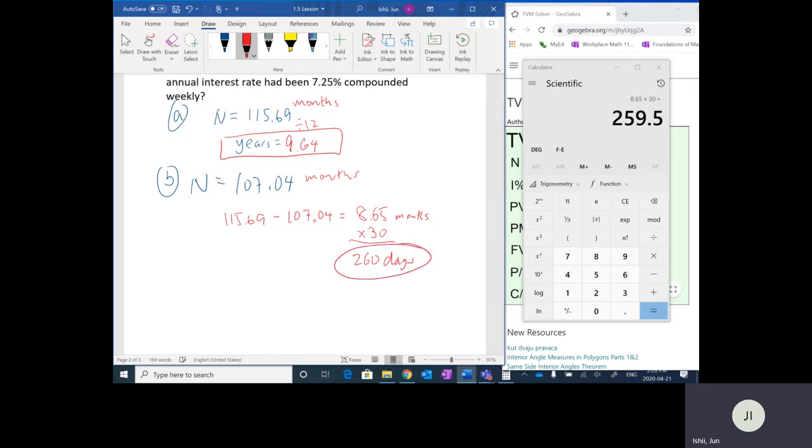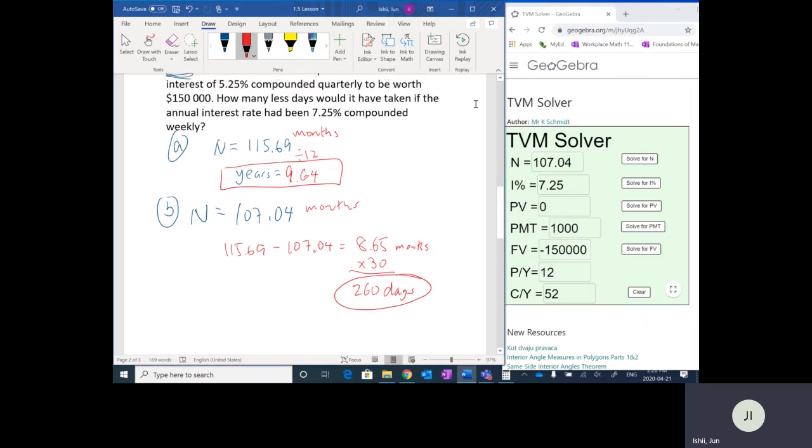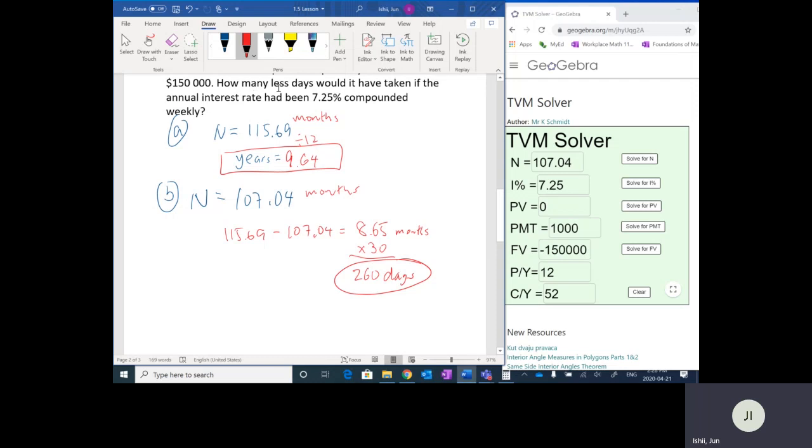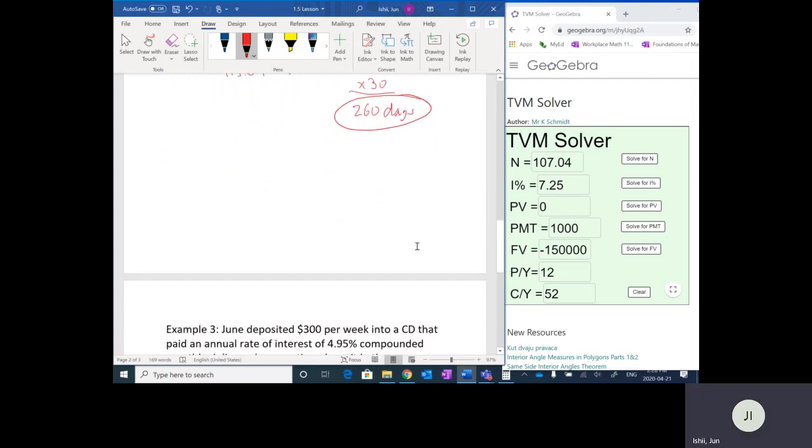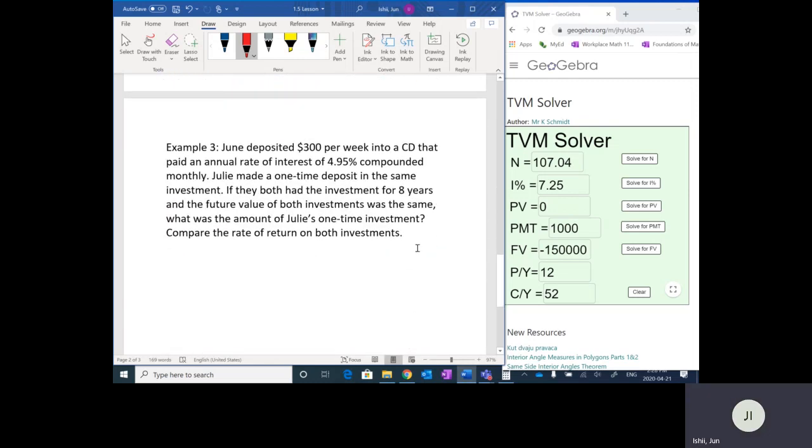Okay. So it'll be 260 days. Yeah, so 260 less days, sorry, not more, to get to that.